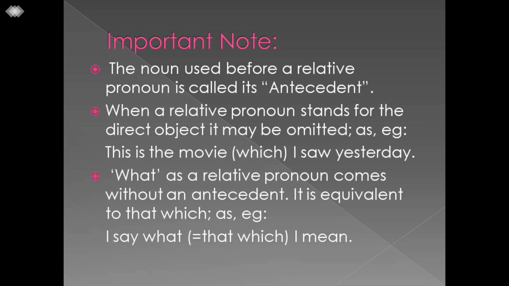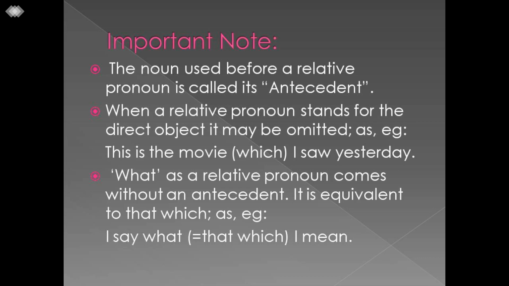In front of you there are certain important notes that you need to keep in mind while making and understanding relative pronouns. First, the noun used before a relative pronoun is called its antecedent. Second, when a relative pronoun stands for the direct object, it may be omitted, for example, this is the movie which I saw yesterday.